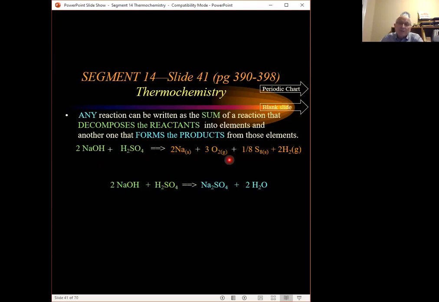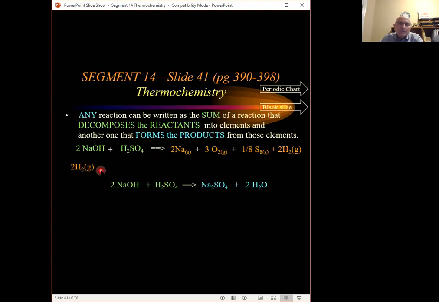The oxygen would make O2, gaseous oxygen. The hydrogen in the hydroxide would be hydrogen gas. And if you added up all the atoms of the reaction I'm showing you now, the reactants and products all balance. That's correct. That's a decomposition of all the reactants to their elements in standard state.